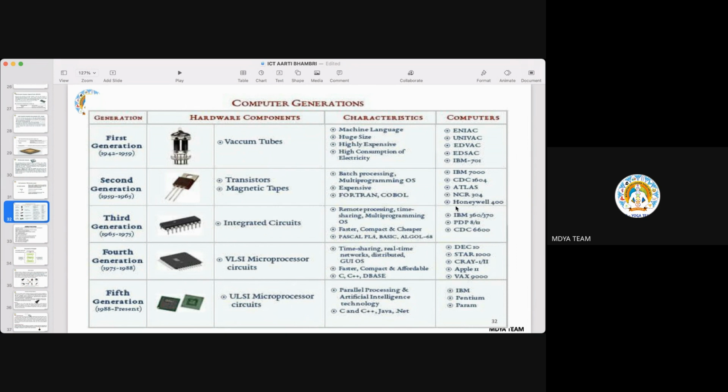Like sometime, once I remember the question was Honeywell, which generation computer it is. It's a second generation computer, Honeywell. Sometimes they ask Atlas, and Param. These are sometimes asked.